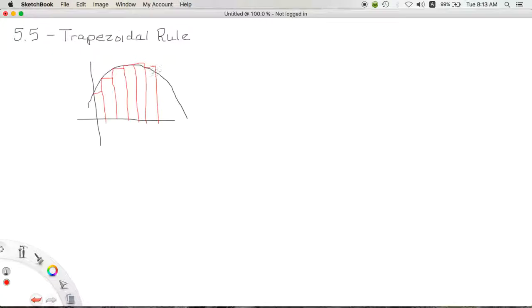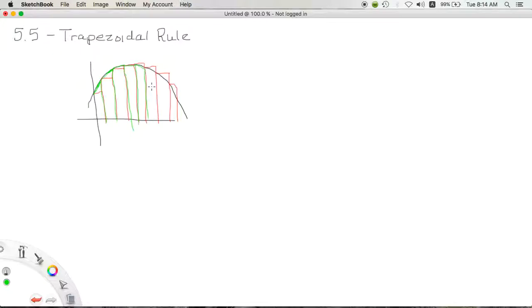It doesn't really go along the curve. So if we find a better shape to do this, we can get a more accurate answer. So we use trapezoids sometimes to find that area.